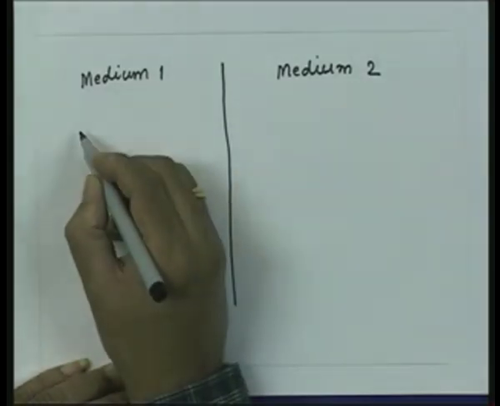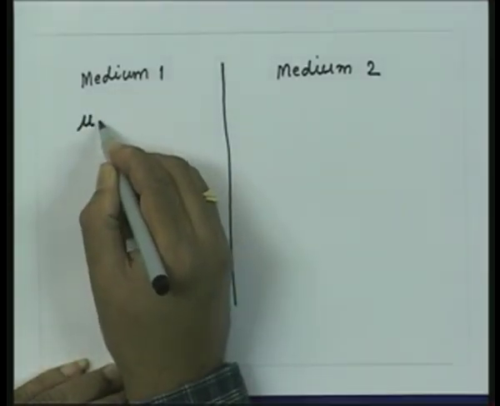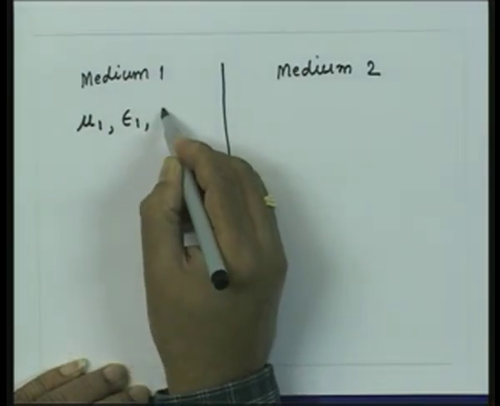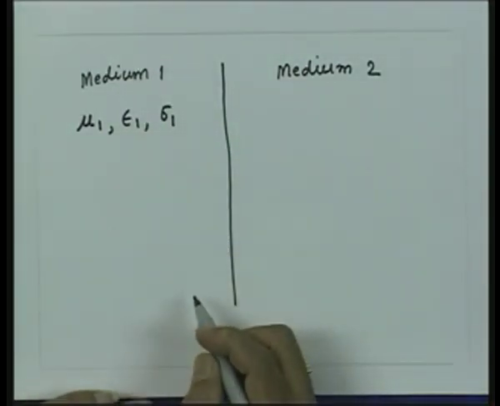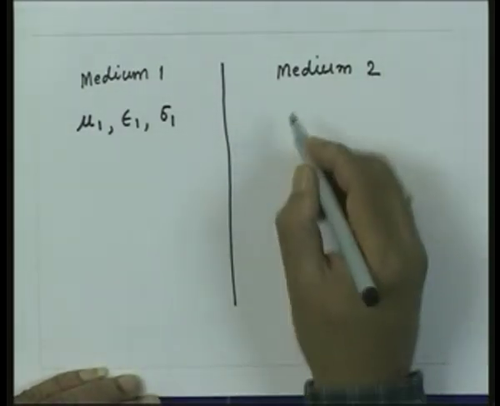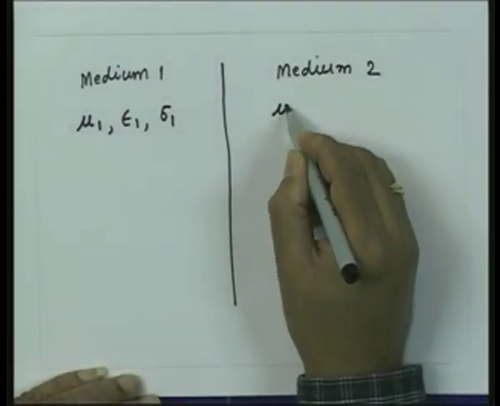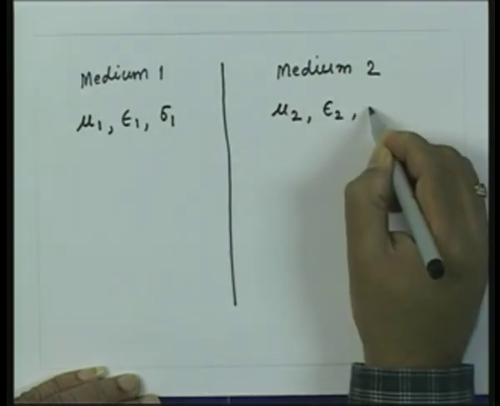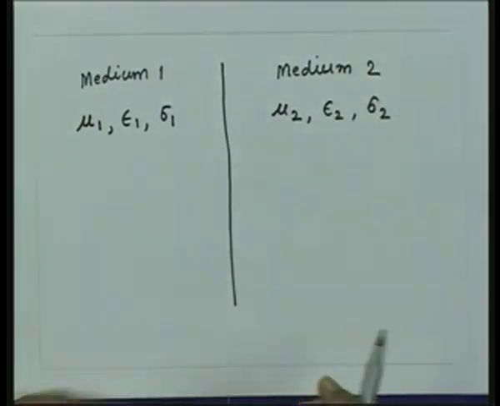In general I can have permeability of the medium, which is mu 1 here, permittivity epsilon 1, and the conductivity could be sigma 1. For medium 2 I can have permeability mu 2, permittivity epsilon 2, and the conductivity sigma 2.